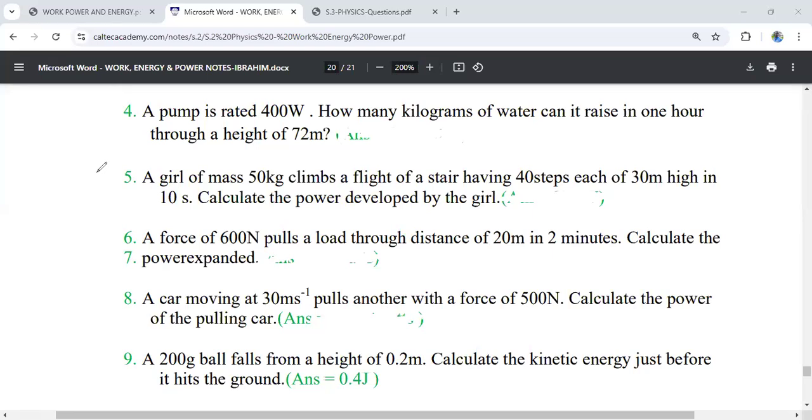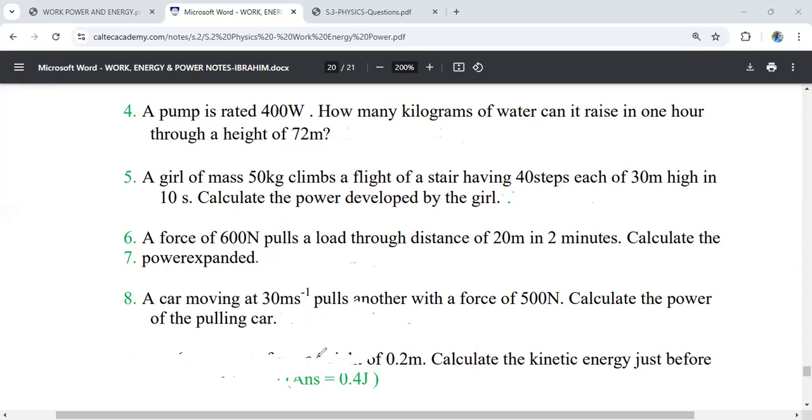So let us try out number 4, 5, 6, 7, and 8. We can first copy them down.